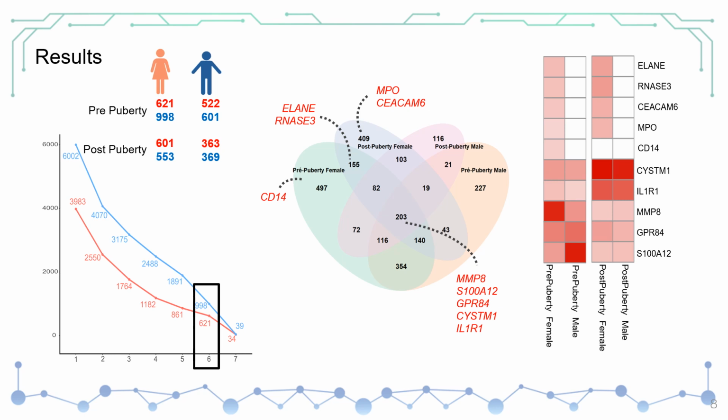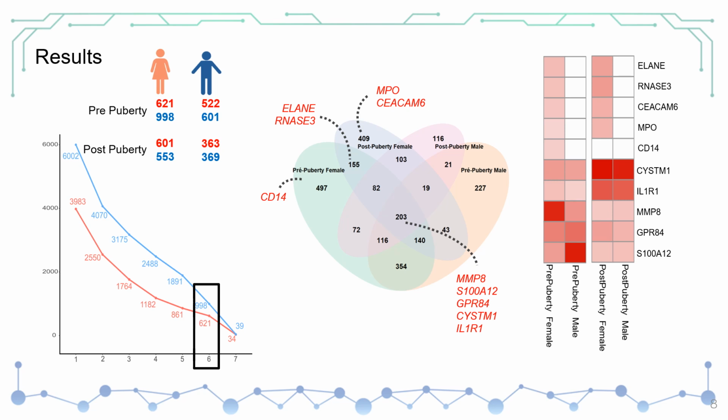We have here the number of consistent genes in red for upregulated and blue for downregulated. Next, we have the Venn diagram showing the overlap of genes.